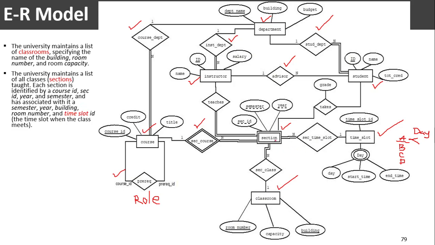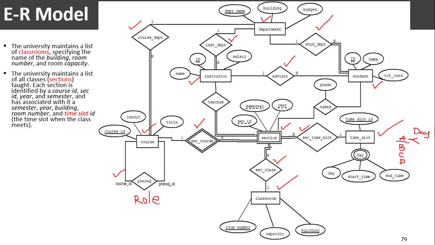Further, every section is now allotted the time slot, but every section should be taught at some place, so a classroom needs to be allocated to every section. So section is allocated or assigned a classroom. So there is a relationship between section and classroom, and that is denoted here as section class. So every section must be allocated a classroom, so it is total participation of section in this relationship set section class.